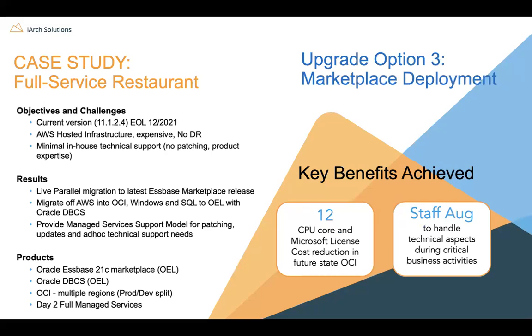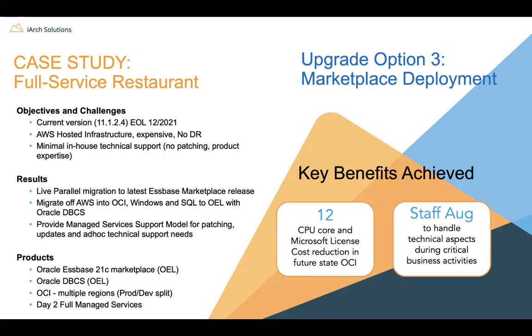And then the last one would be the marketplace deployment. This was a full service restaurant. They were currently on 11.1.2.4, hosted on AWS. It was kind of expensive for them and they had no DR. So we were able to take them from that version and put them on OCI. In the process, because of the pricing of OCI, they were now on a less costly solution.